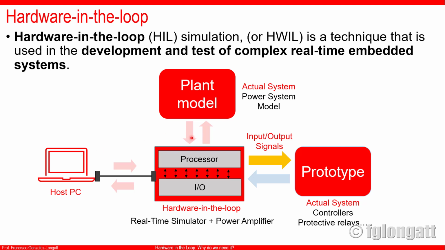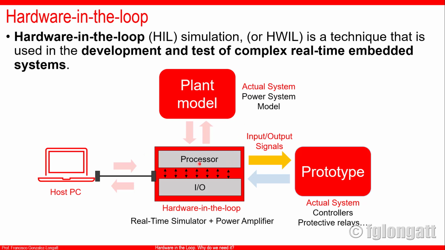Now, the core of this hardware in the loop is basically the real-time simulator. The real-time simulator is a computer with a lot of computational power. It typically uses an FPGA, or there are other very powerful processing units that can be used for the real-time simulator.